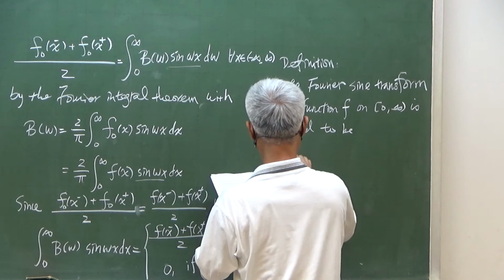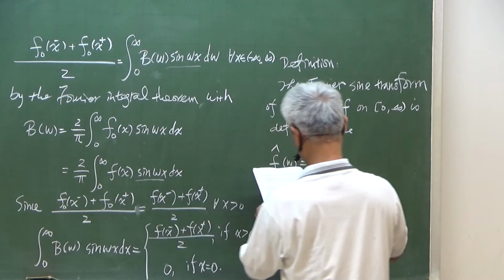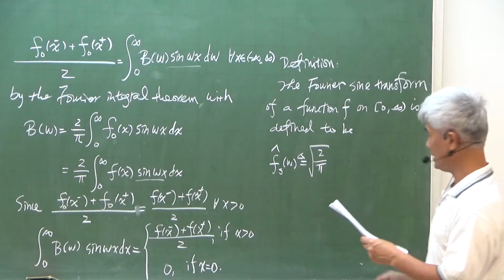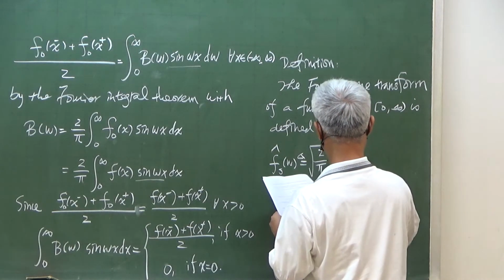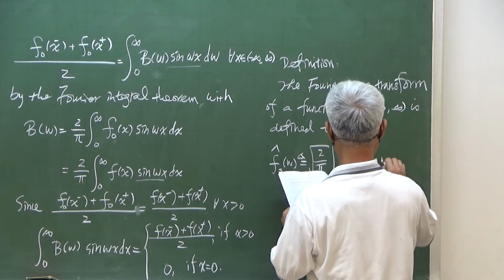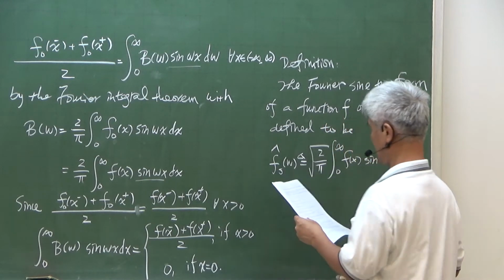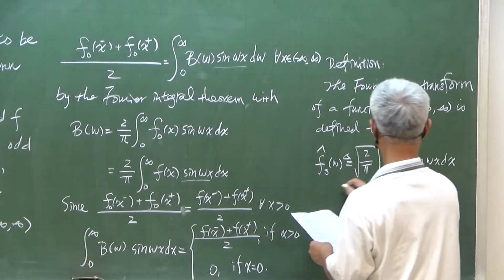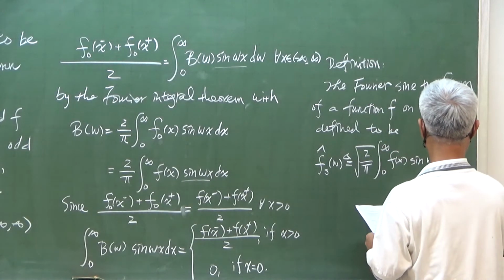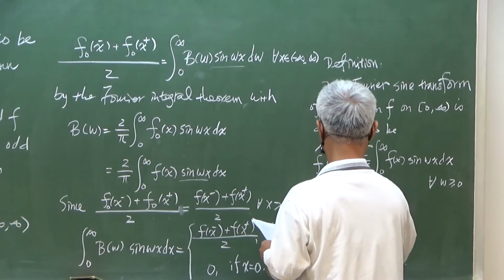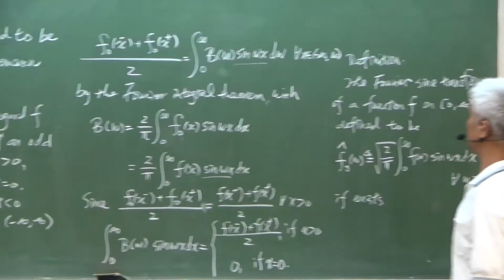It is defined to be square root of 2 over pi times the integral from 0 to infinity of f of x sine wx dx, if it exists.